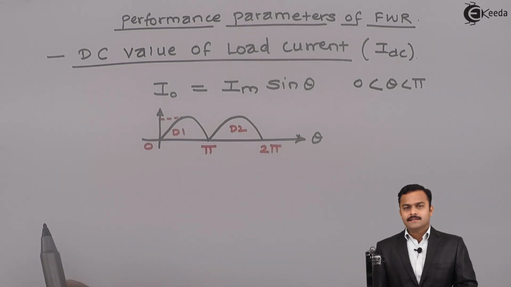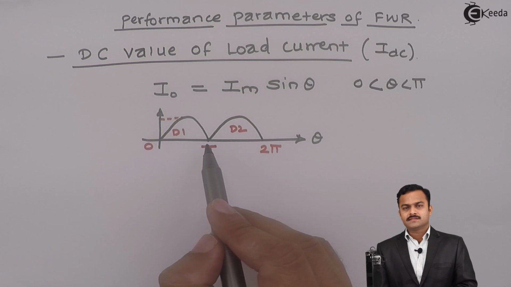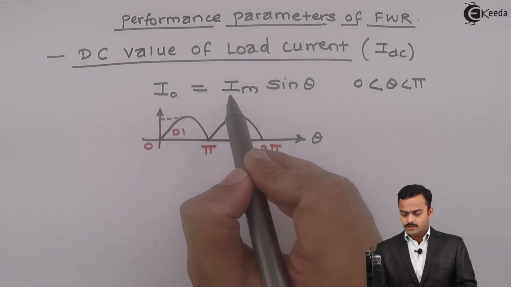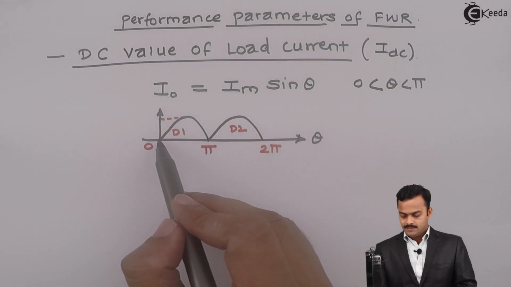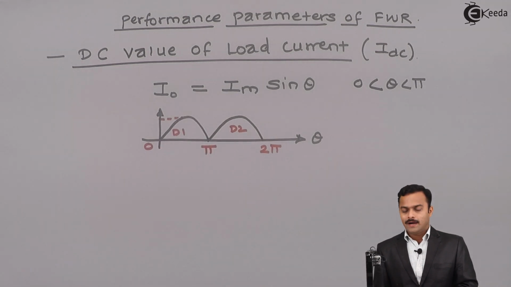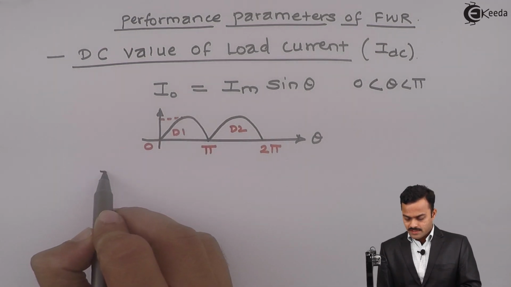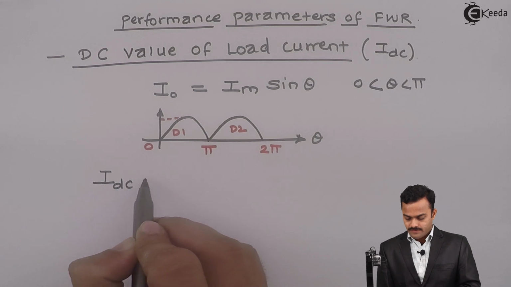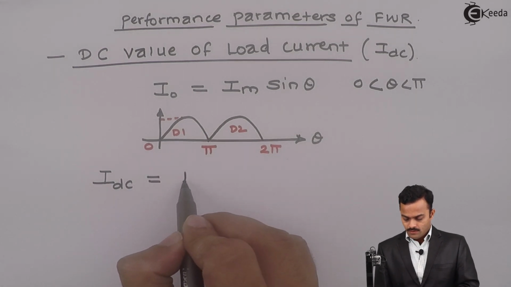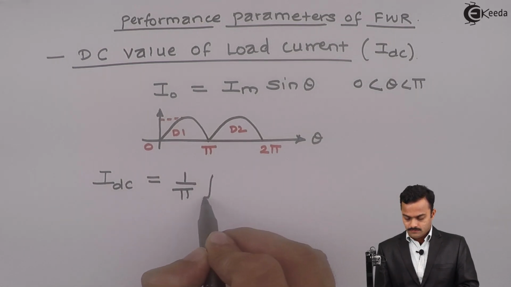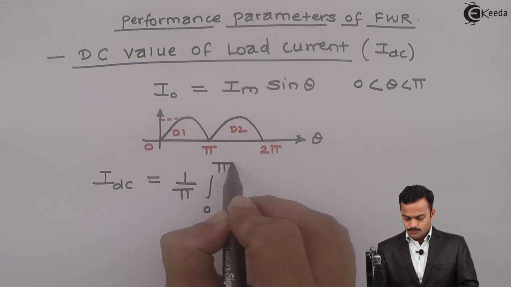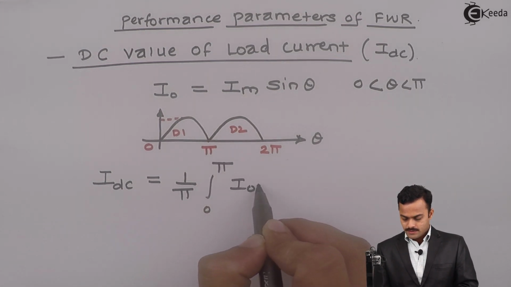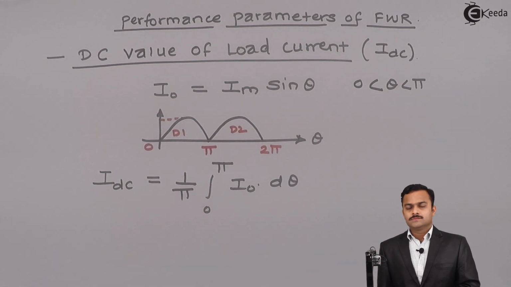So if I have to write equation of this current, it will be I0 equal to Im sin theta, and this exists from 0 to pi. So let us find out its average value, which is DC value IDC. 1 upon time period integral 0 to pi I0 d theta.